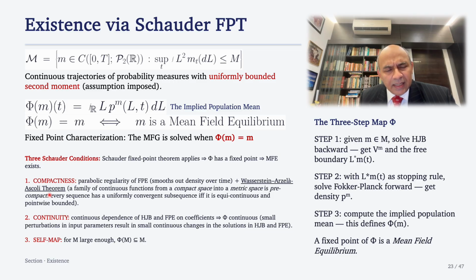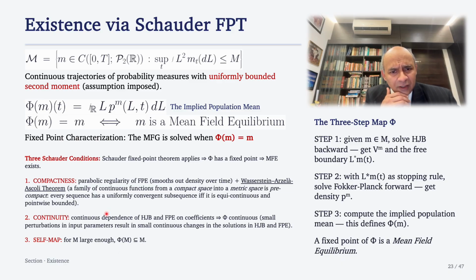Now, if we don't assume these three conditions, the alternative is Kakutani for set-valued phi when optimal stopping is non-unique, or the monotonicity-based existence theory of the Carmona-Delarue result, which avoids compactness arguments in favor of monotonicity contracting in W2.